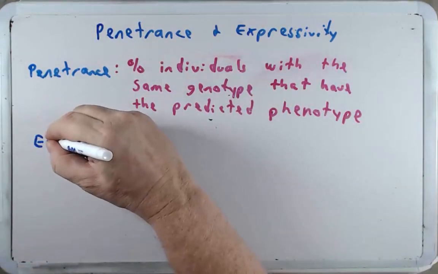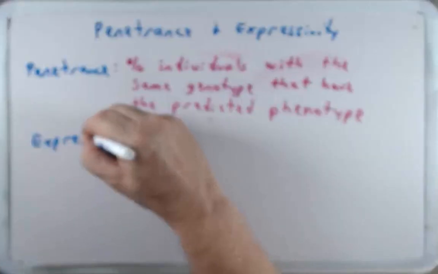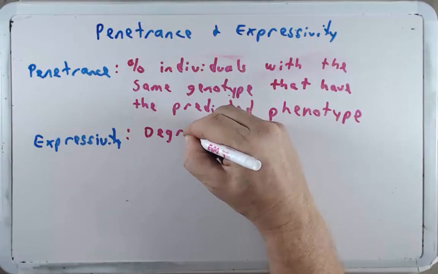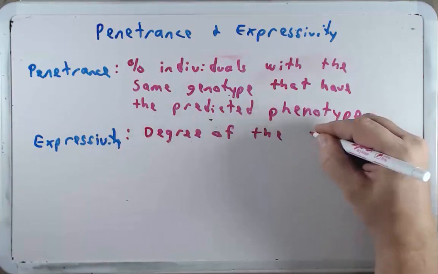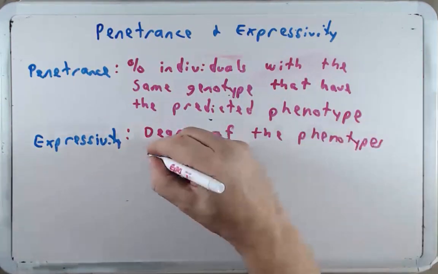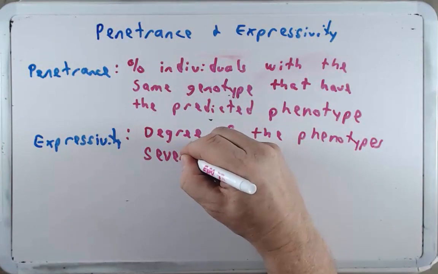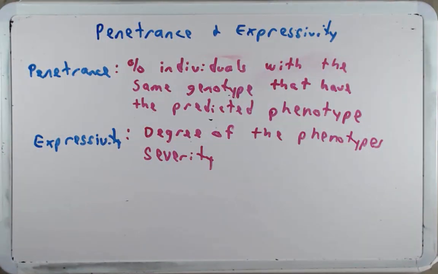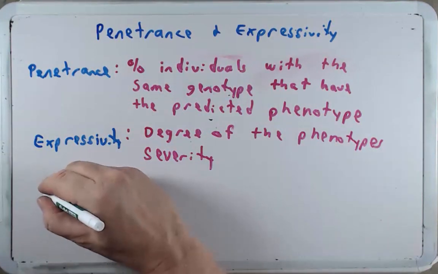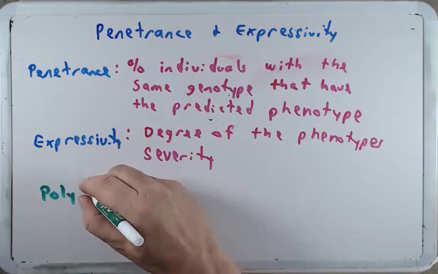Expressivity is the degree of the phenotype's severity. A great example to describe both of these is a trait called polydactyly.